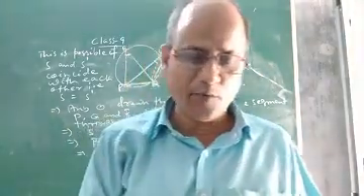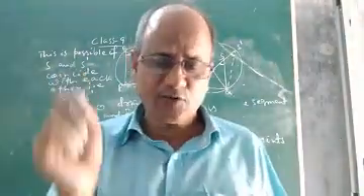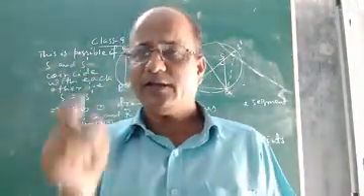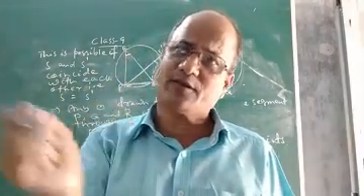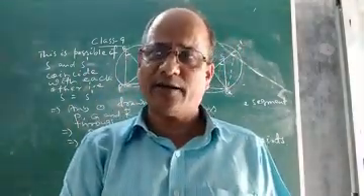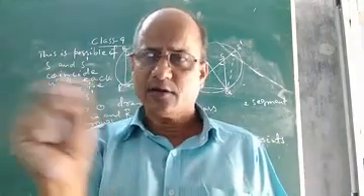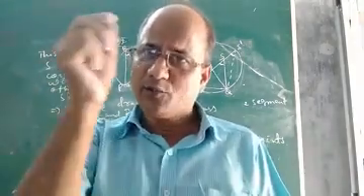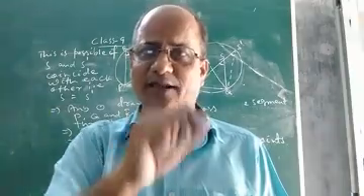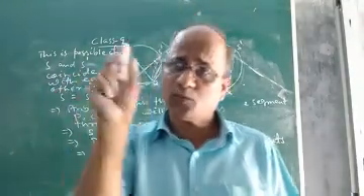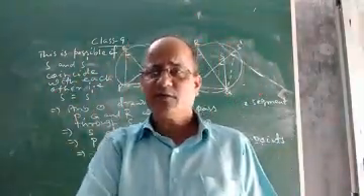If a line segment joining 2 points on the same side of the line segment subtends equal angles, then the 4 points P, Q, R and S will be concyclic, means those 4 points will lie on the same circle.